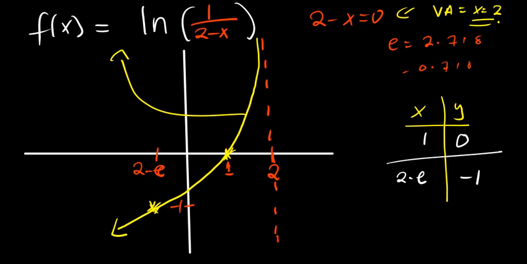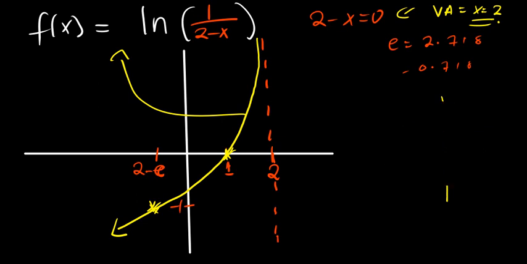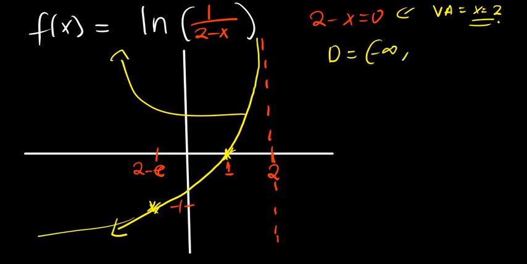Now, how can you find the domain of this graph? To find the domain of log, we look at the asymptote. So the domain will start from the asymptote. We can clearly see that it keeps on going all the way to negative infinity. So that becomes negative infinity all the way to the vertical asymptote, but not included.